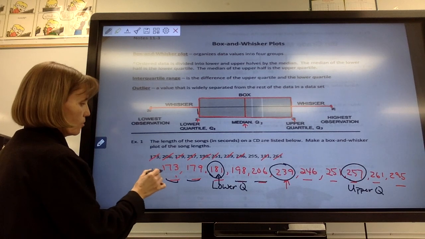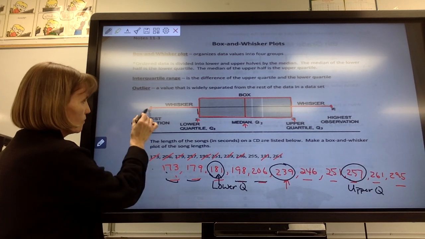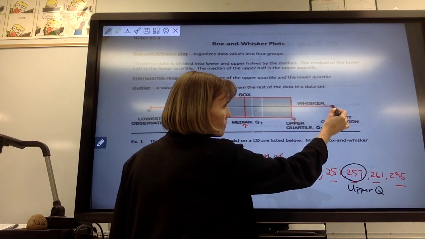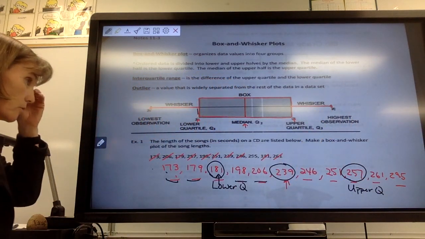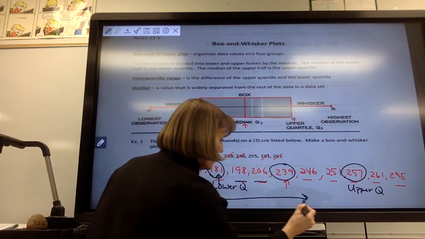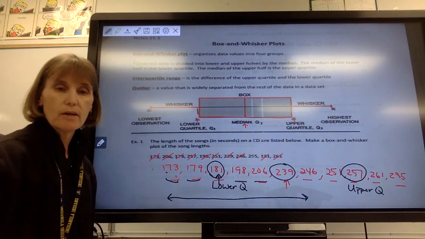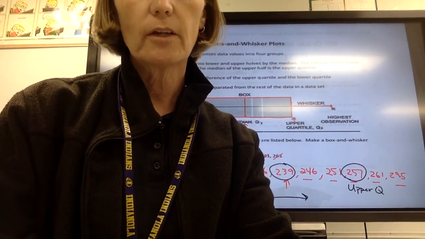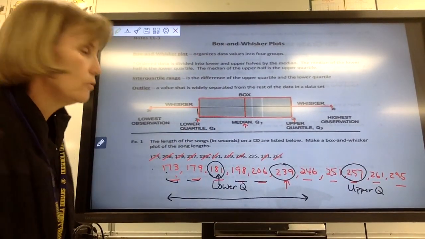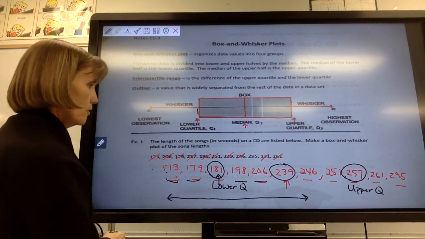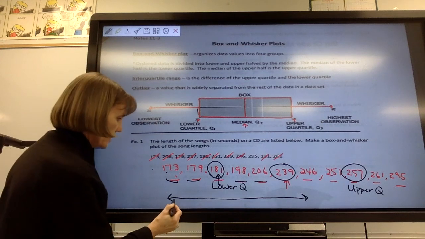Okay, and then you're going to have a whisker. Your lowest value, this 173, is going to be out at your whisker, and your upper value, your 295, is going to be out here with your whisker. Okay, so I'm going to draw a number line, and you can make that number line have any interval that you want. You're going to have to look at the range of values that you're trying to include. So I'm going from 173, almost 100, so I might go by tens.